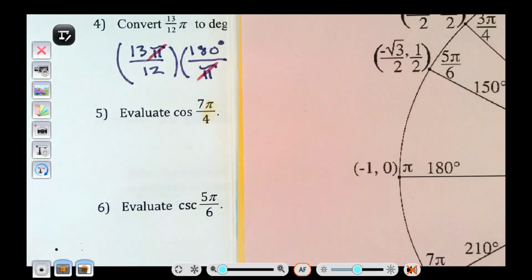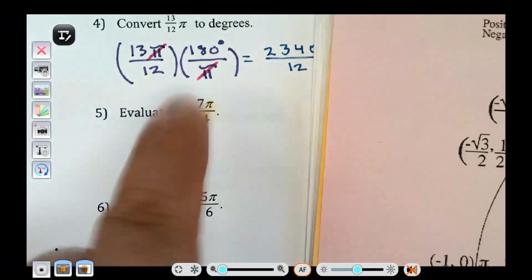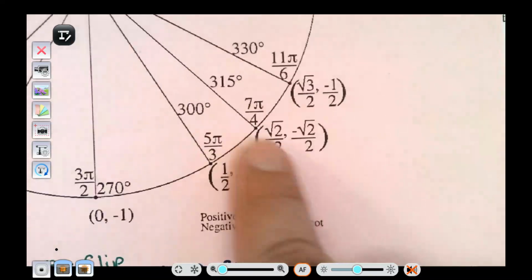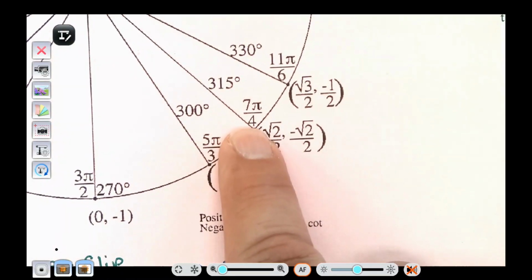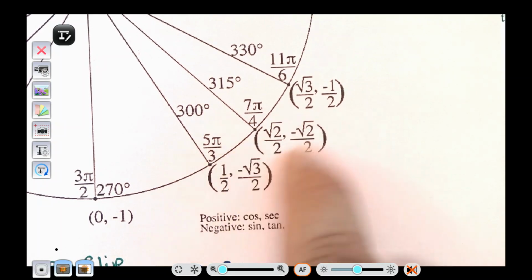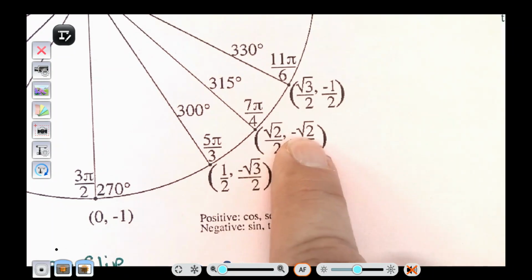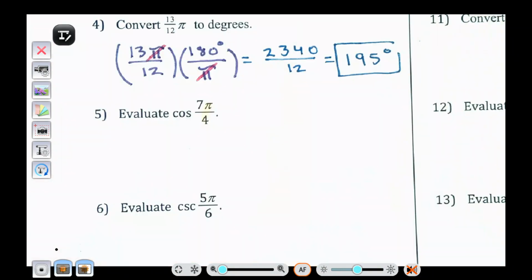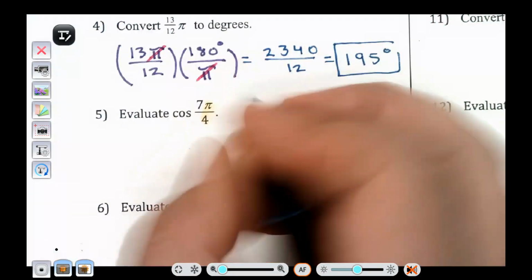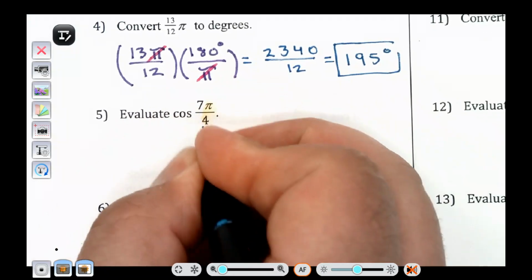And when you have a unit circle question, first thing I do is I locate 7 pi over 4. As I'm looking, here it is, 7 pi over 4, which means I'm going to use this point here: radical 2 over 2, negative radical 2 over 2. That's the point I use for that angle.